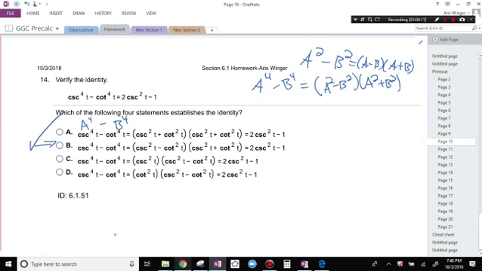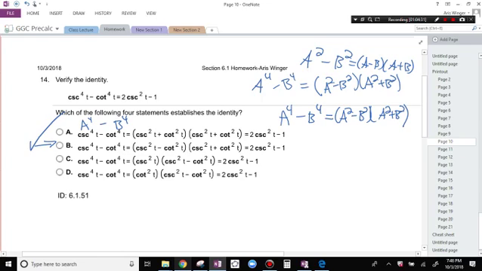So there's an identity that says the difference of powers of 4 is a squared minus b squared times a squared plus b squared. When you see the difference of fourths, it's going to be the difference of squares times the sum of squares. And the only one that does that is b.